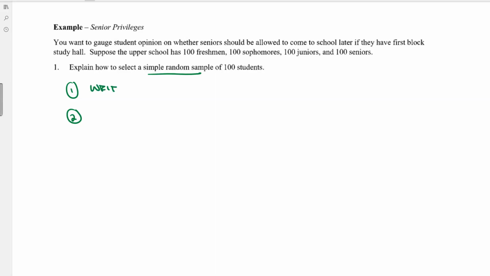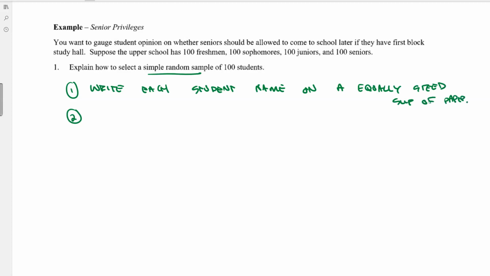Write each student name on an equally sized slip of paper. Put all 400 names into a hat.